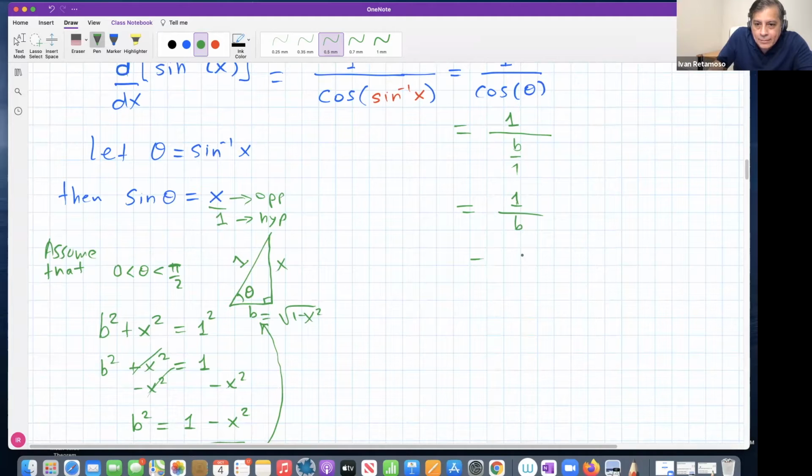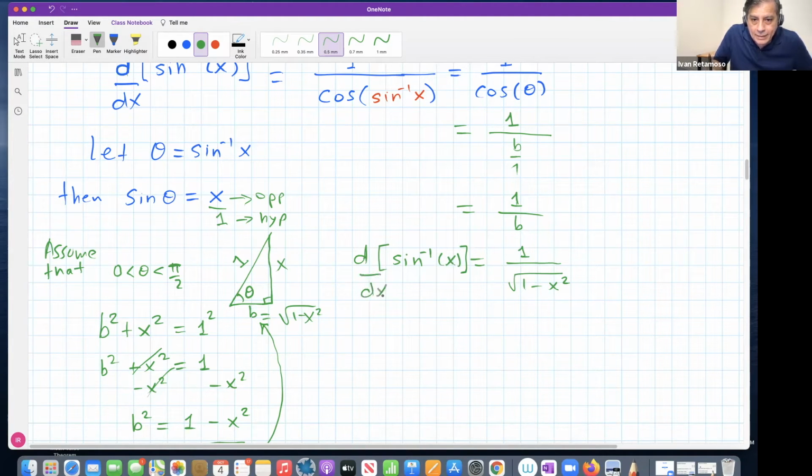So finally, look, 1 over the square root of 1 minus x squared, right? Finally, I got a formula for the derivative of sine inverse of x. It took a while, right? So a lot of mathematics involved, but finally we got it. Look, this is it.